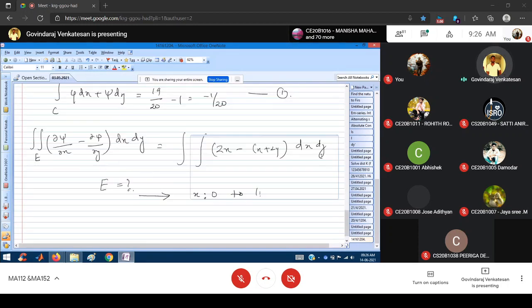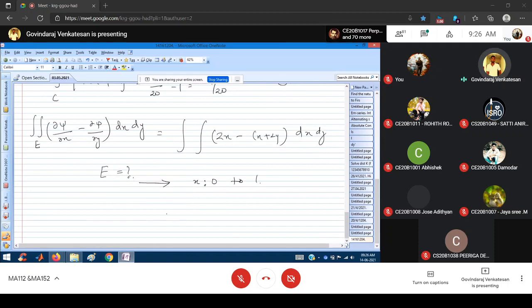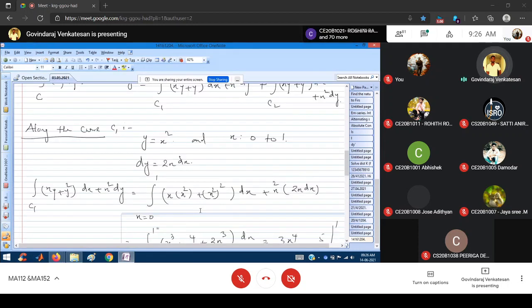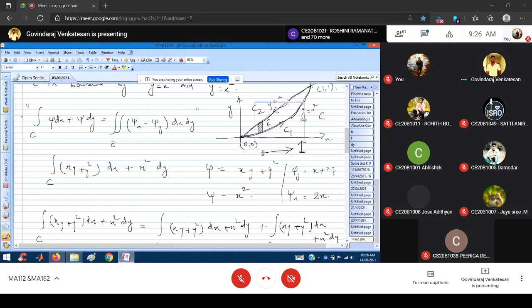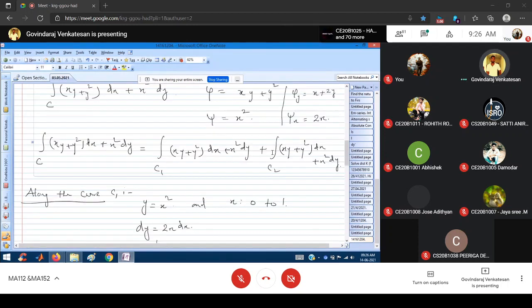Now the strip is moving from bottom to top, so it is parallel to the y-axis, and that defines the value of y. What is the value of y? The bottom of the curve is x square, and the top of the curve is x.